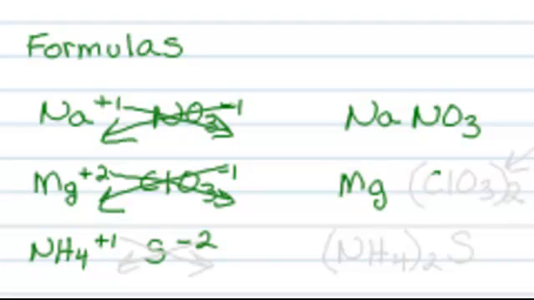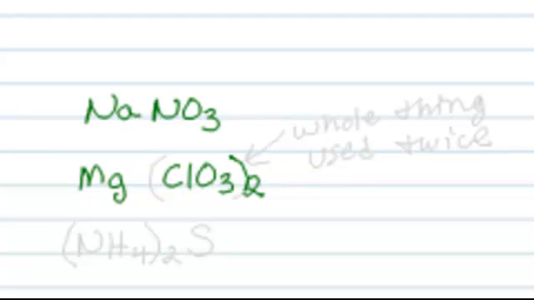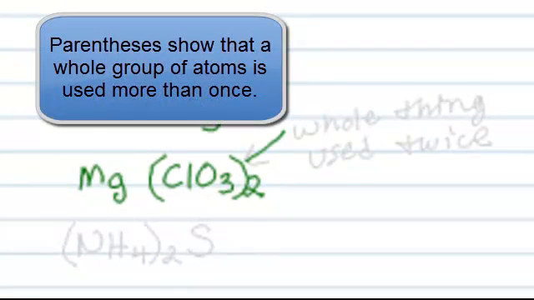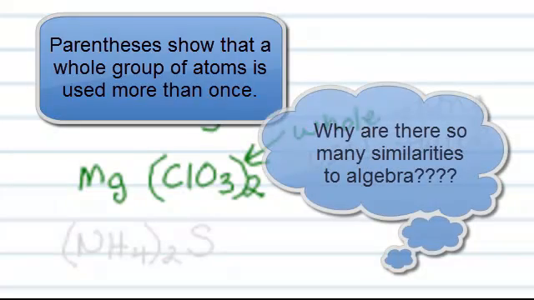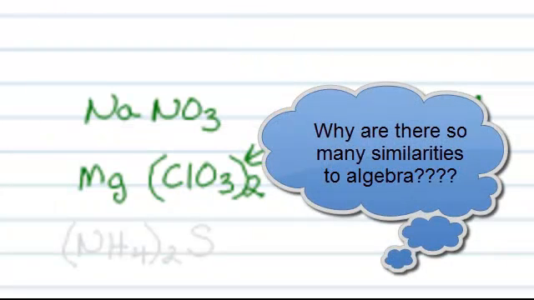So you get MgClO3, but you're not just putting another 2 after the oxygen, because that would look like 32. You have to show that you're using the whole thing twice, so you do that by putting parentheses around it. So the parentheses show that the whole thing is used twice.